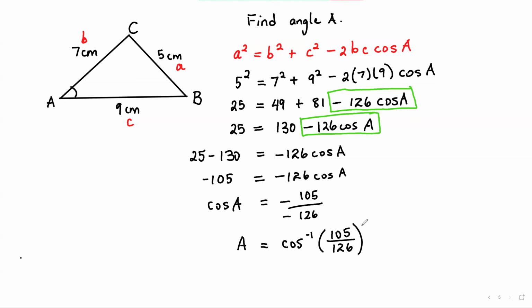Let's see, cos inverse of 105, oops, I wrote the wrong thing, 105 over 126. That will be 33.56. I took it to 2 decimal places.